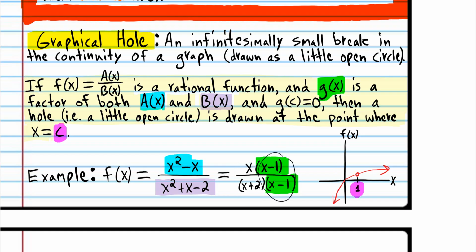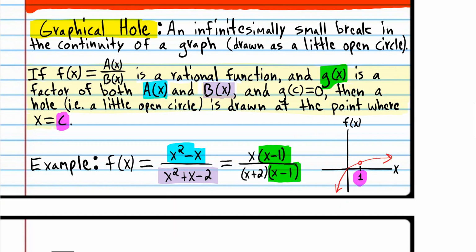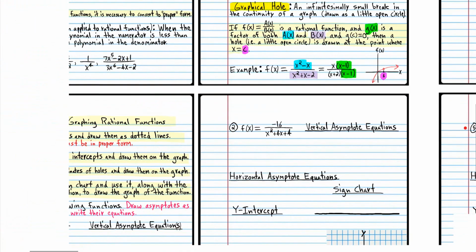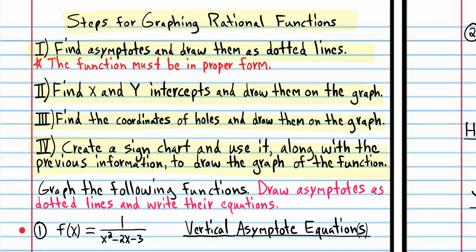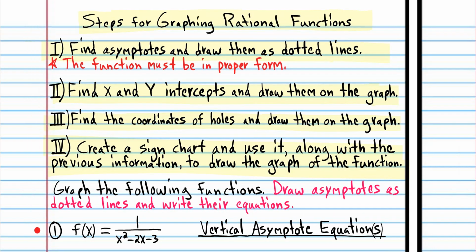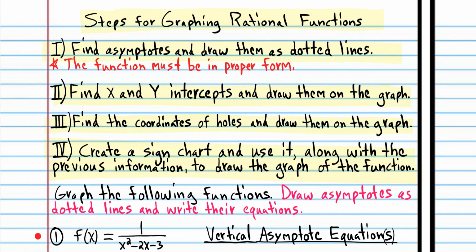But when the green factors are there, it tells us that we have a hole, because if you plug in 1, you get 0 divided by 0. And the only reason for us to keep them there is to tell us that there's a hole there. So we're going to go over that later on. If you're a little confused about these things, that's okay. We're going to learn this as we continue.